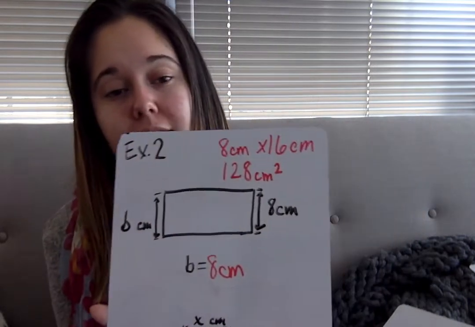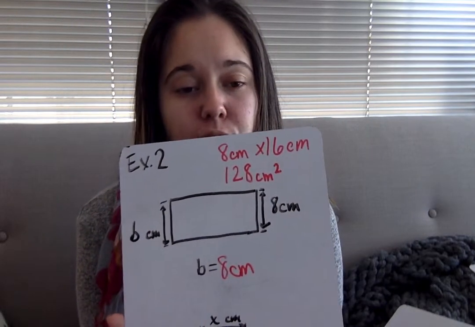When you do that math, whether you use a calculator or you write it out by hand, you're going to find that the answer is 128 when you find 8 times 16. Again, though, what is our unit going to be? Centimeters squared. So that's super important that you're paying attention to that squared part of it.